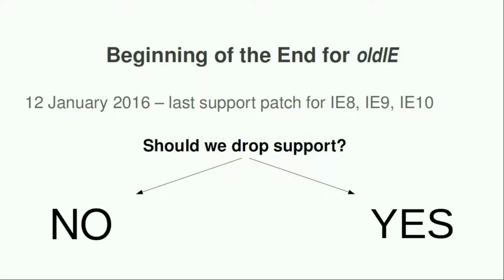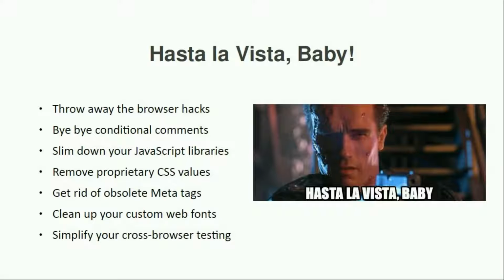Let's assume that everything is nice and fun, and say we drop support. Yes. Hasta la vista, Internet Explorer. There are a bunch of things which we can lose to make our lives easier. We can get away with the browser hacks in the CSS. We can get rid of conditional comments.